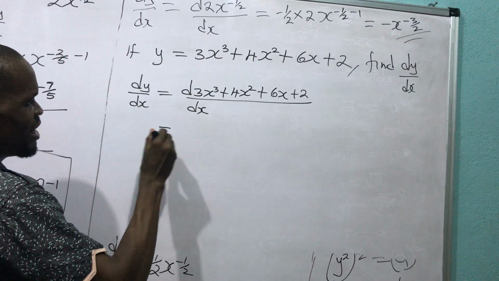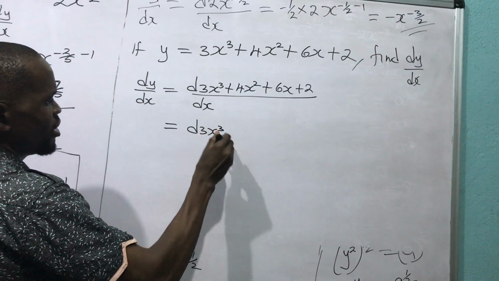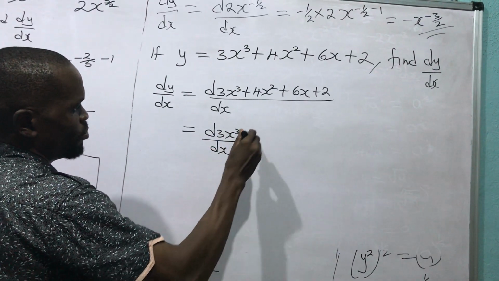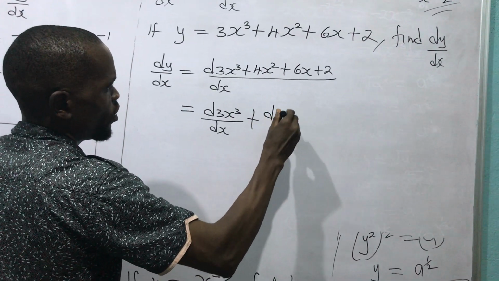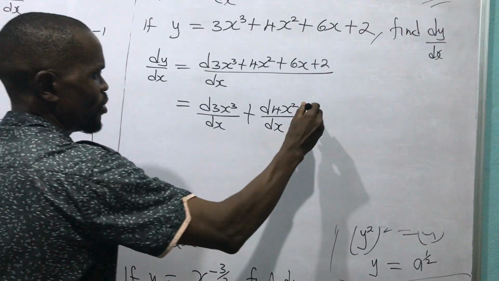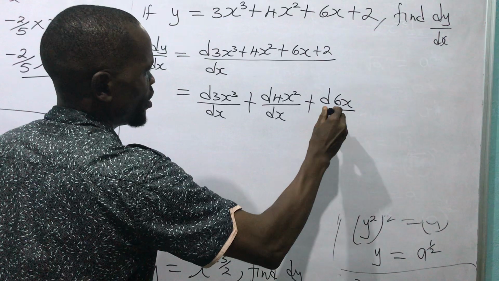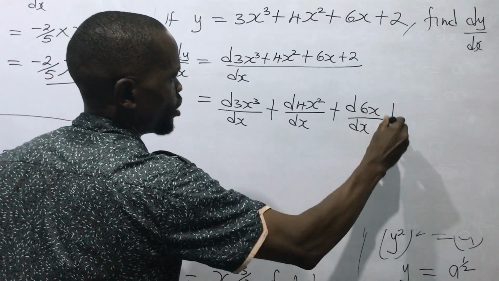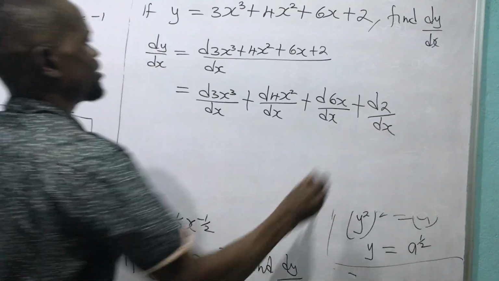And this simply means d of 3x raised to the power 3 all over dx plus d of 4x raised to the power 2 all over dx plus d of 6x all over dx plus d of 2 all over dx.